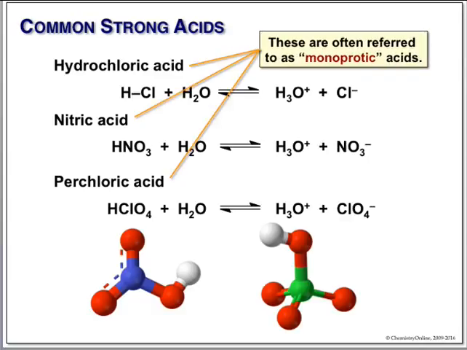All of these guys liberate 1 hydronium per mole. Now remember we said that this hydrogen flies over without its electrons. So a hydrogen atom without electrons is just a proton, that's all it is. So these are called monoprotic acids.